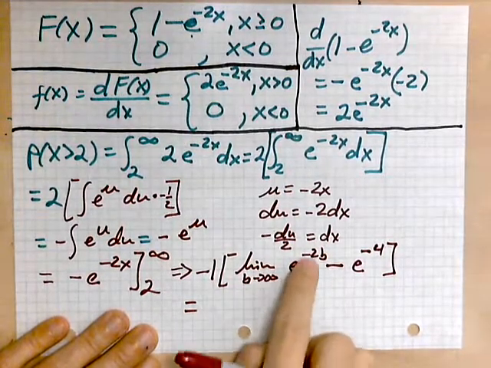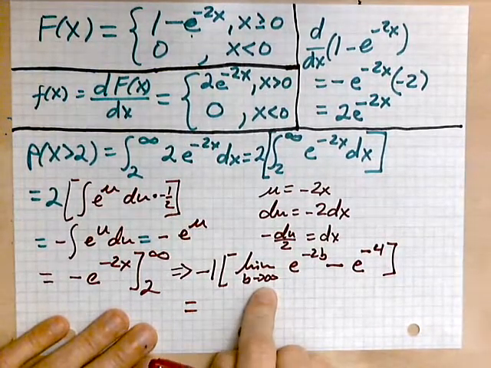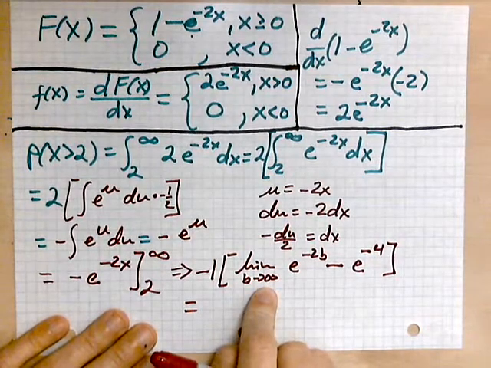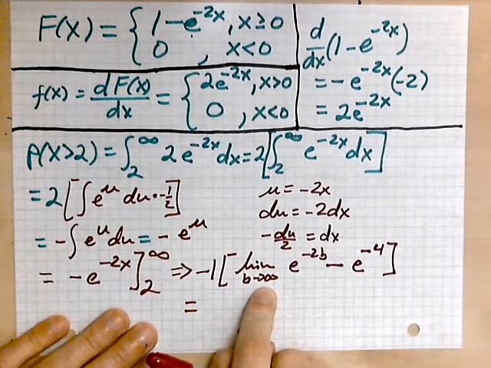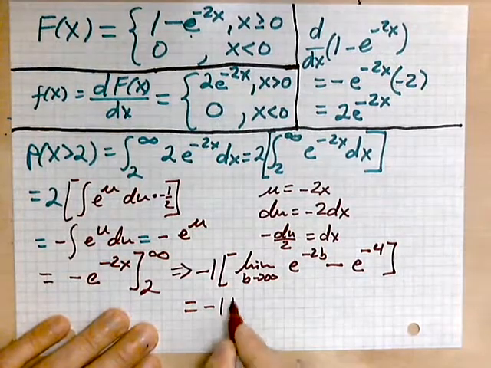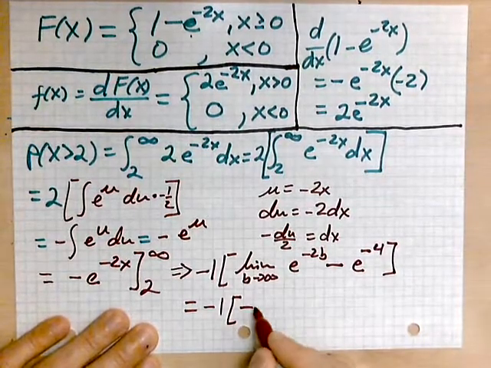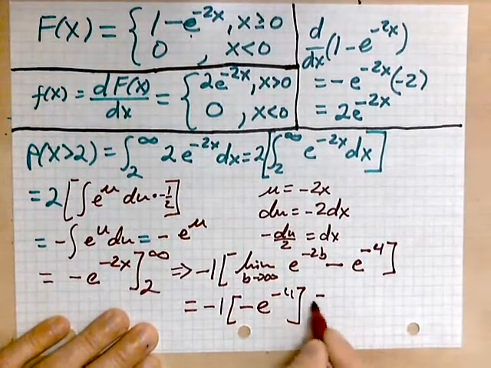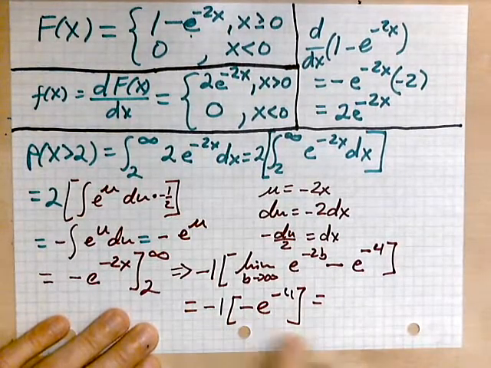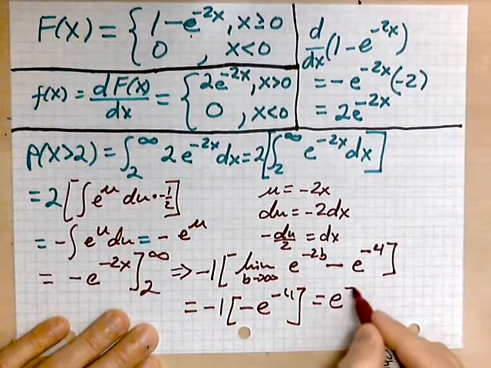The limit of e to the negative 2b as b goes to positive infinity is 0. That just completely disappears. So all that remains is negative 1 times negative e to the negative 4. This negative times that negative is positive, and all that remains is e to the negative 4.